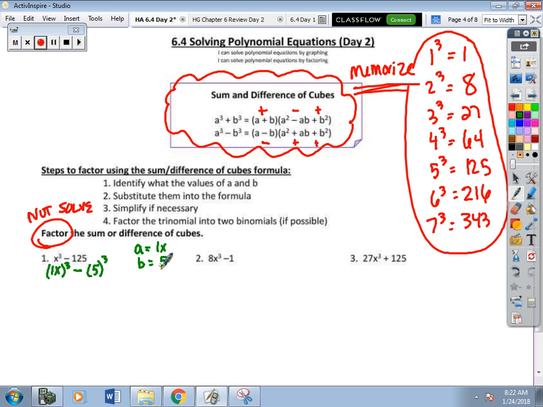And then you're going to substitute into the formula for the sum or difference of cubes. Since this one is a subtraction, we're going to use the difference of cubes formula, which is a minus b times a squared plus ab plus b squared. So it's the minus plus plus one. And then all we're going to do is plug in the numbers and simplify.